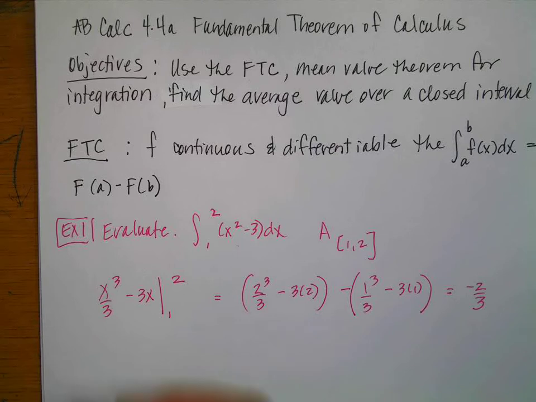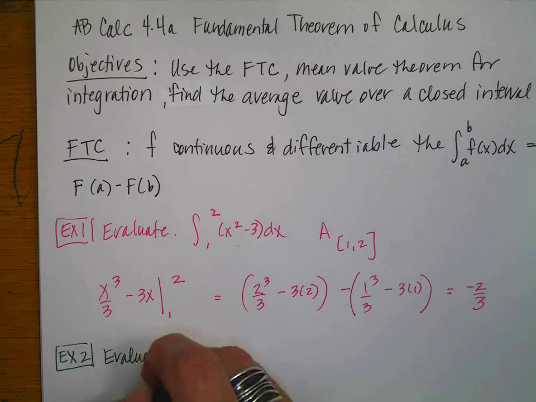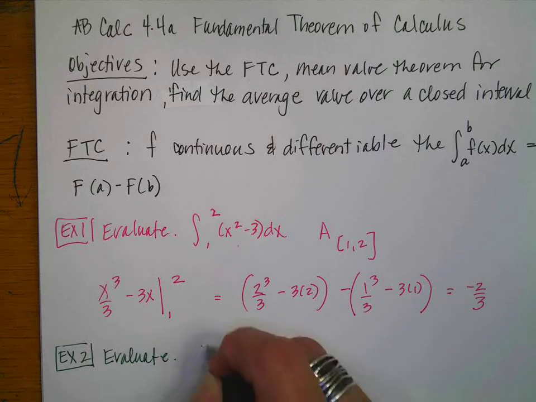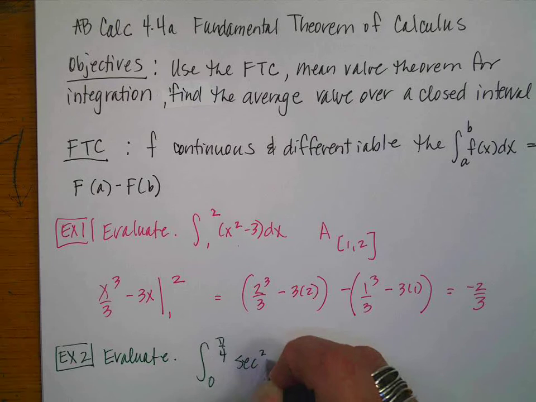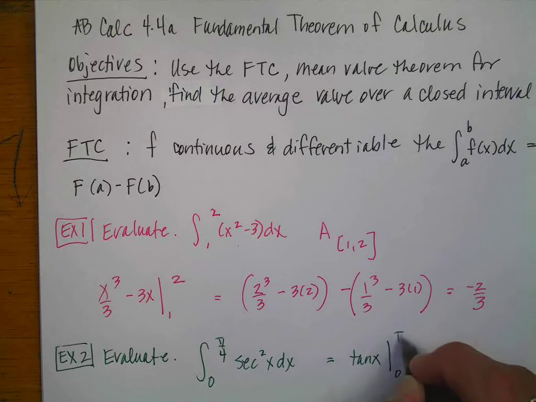All right, the second example also says the same thing. So example number 2 says to evaluate, and I'm going to integrate from 0 to pi over 4 secant squared x dx. Well, the integral of secant squared is going to be the tangent of x evaluated from 0 to pi over 4.